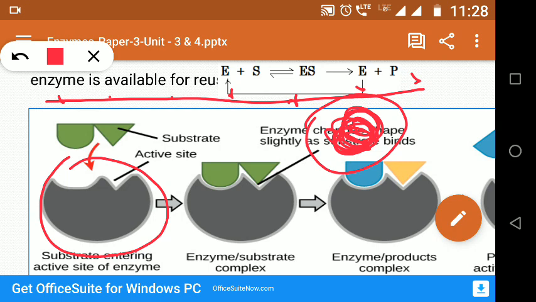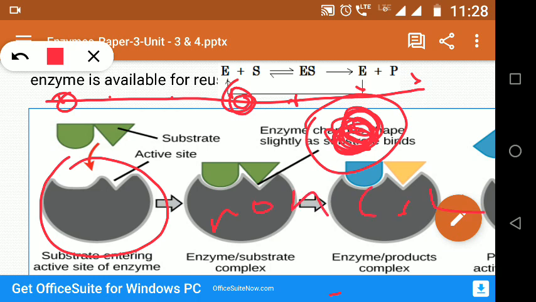In the enzyme, different amino acids, suppose the first amino acid here, may interact with another amino acid here. In this way, the amino acids at different places in the same sequence may interact with each other by non-covalent interactions.